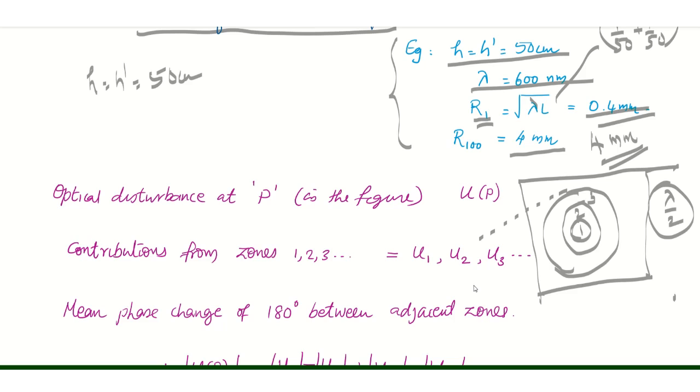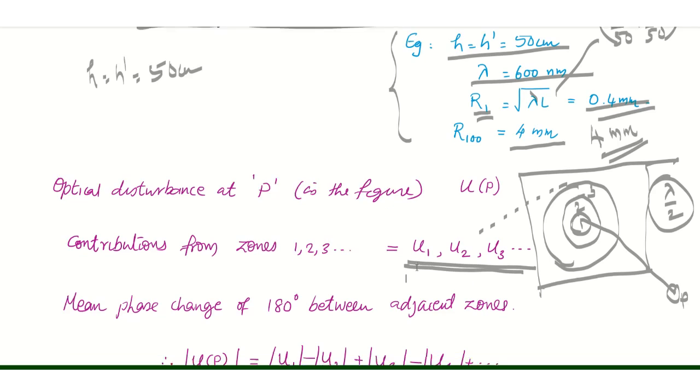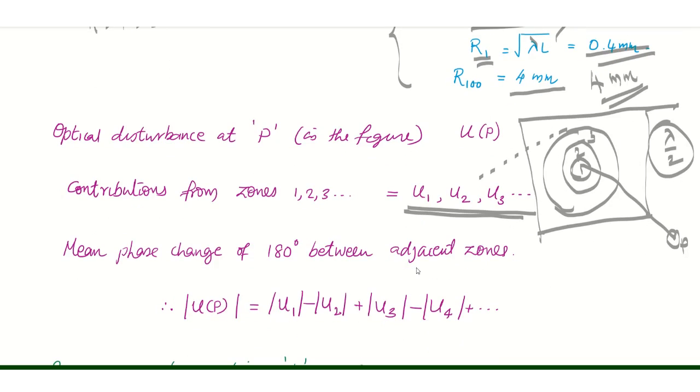What you are trying to do is to find the field at the point P. And therefore, the total field at P has contributions from all zones, U1, U2, U3, etc. But they have a path difference of lambda by 2, which corresponds to a phase difference of pi. There is a 180-degree phase difference between these two zones.